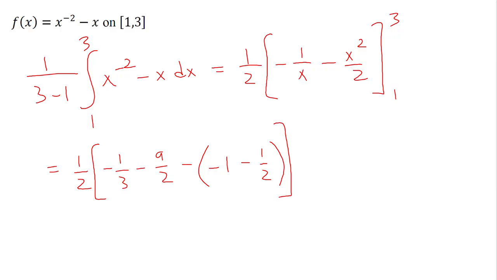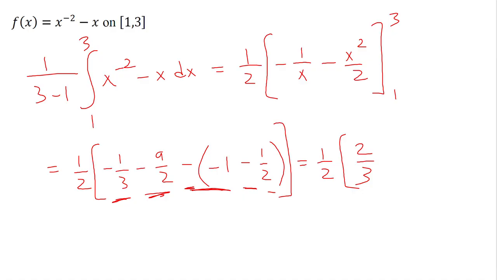And so we've got a 1/2 out in front, which we'll deal with in a second. We've got a negative 1/3 and a plus 1 here. So that's going to be 2/3. And then we've got a negative 9/2 minus a negative 1/2. So negative 9/2 plus 1/2 should be negative 8/2.